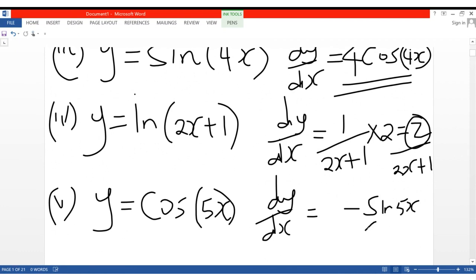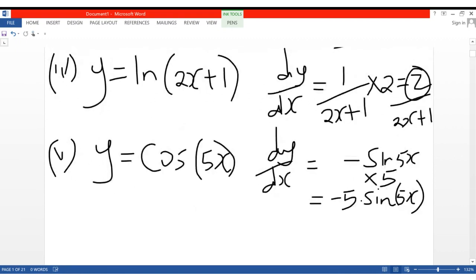But you come inside the function, you differentiate inside the function. Whatever you differentiate inside the brackets, you multiply with it. When you differentiate 5x, you remain with 5. So here the answer will be negative 5 sine 5x. Final answer will be given by that.